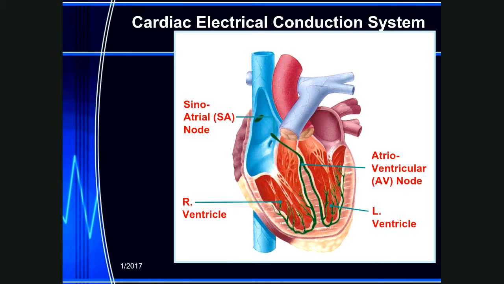So what if the brain fails to send a message to the heart to beat? Now think about that for a minute. So what can happen? The brain fails to send that message to the heart to beat, but the heart can generate its own electrical impulse because cardiac muscle cells have a unique property called automaticity.